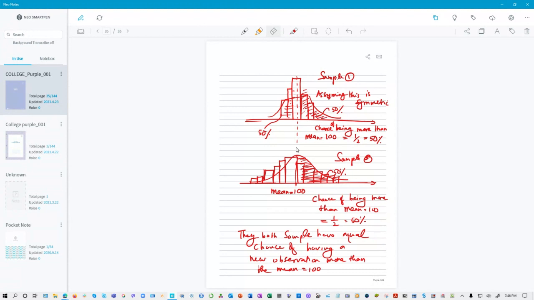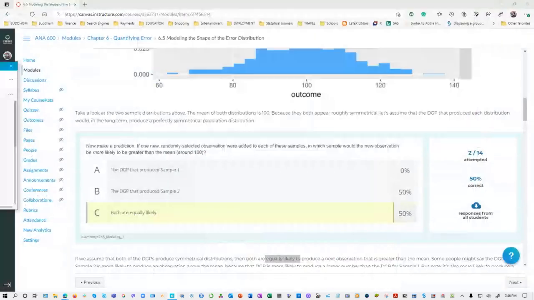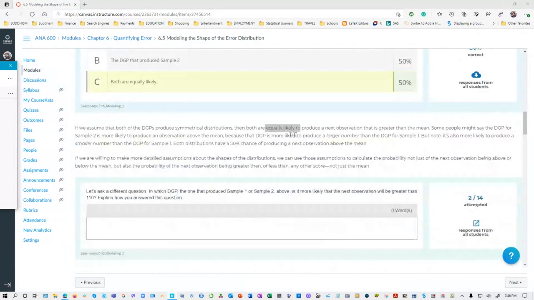That's why we have a 50% chance of the new observation being more than 100. Therefore, we can say they both are equally likely to have an observation more than 100.